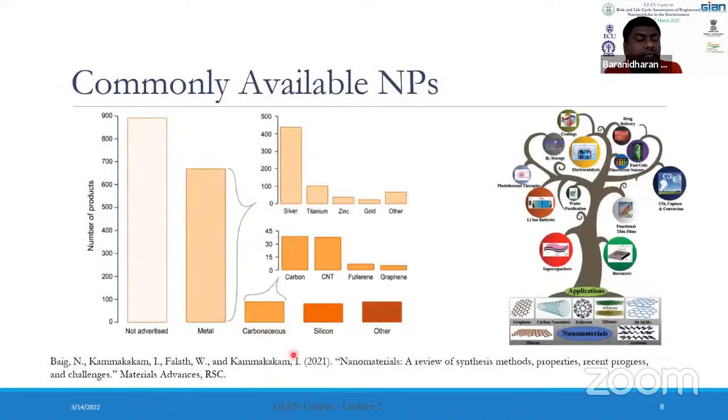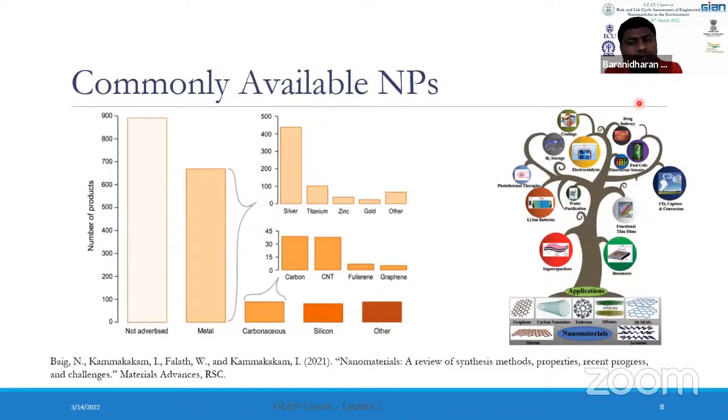So as highlighted, the commonly available nanoparticles again have applications in different domains, be it superconductors, be it carbon sequestration, or be it nanoparticles now being used for delivering drugs, or to cure a specific part of the human body.